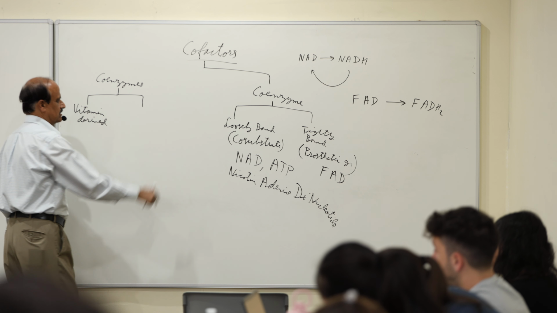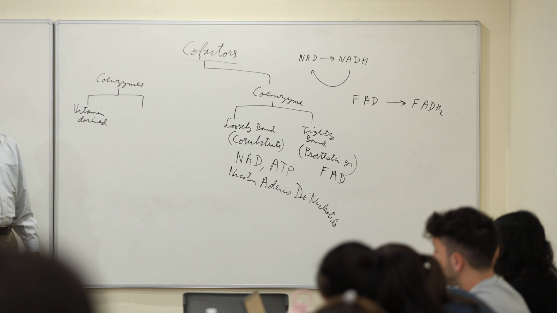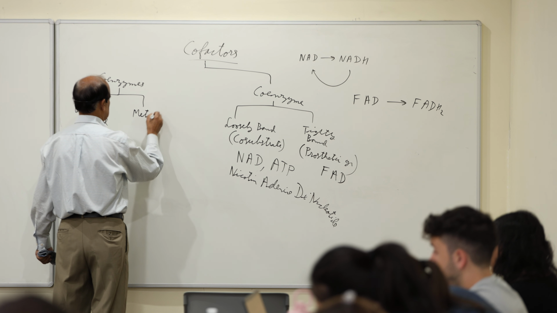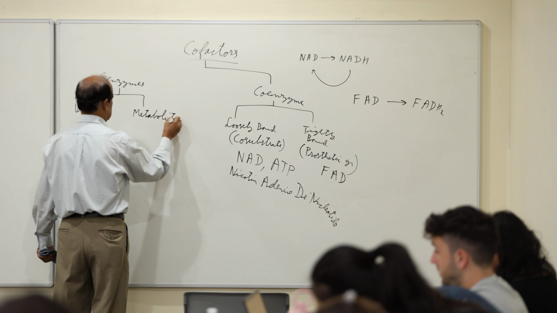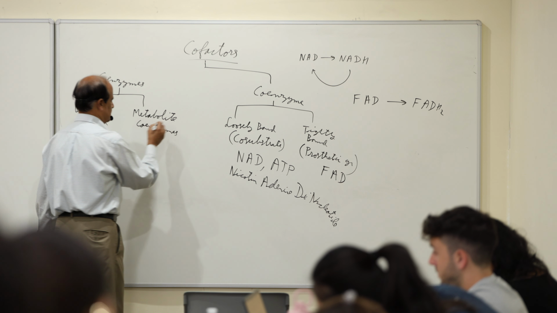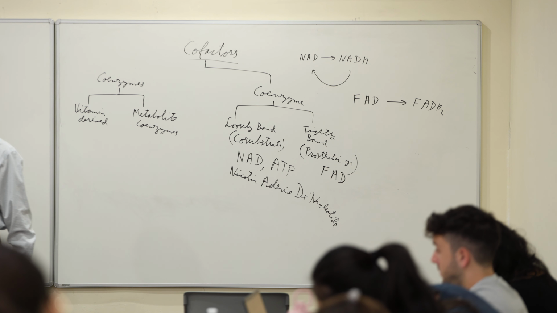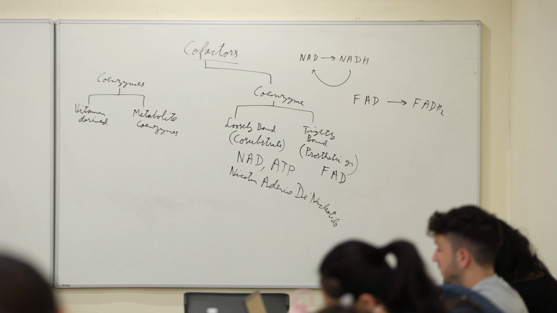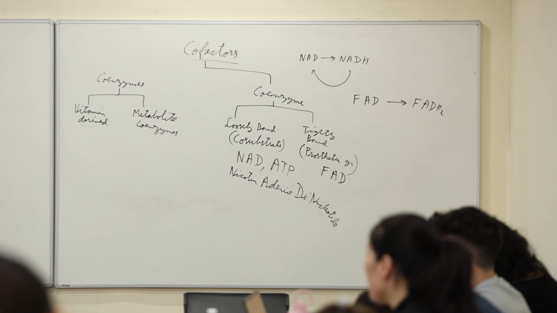And then there are some that we can make, and so they are called metabolite coenzymes, which means they can be made in the body. So for example, as you all know, we make our ATP. So ATP will be one example.